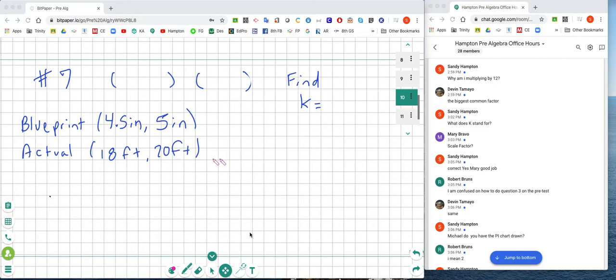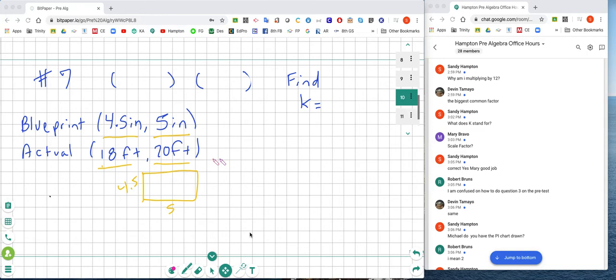So notice that I wrote down the blueprint size, 4.5 inches by 5 inches. Remember, we're talking about a room, so it's probably going to be a rectangle, 4.5 by 5.